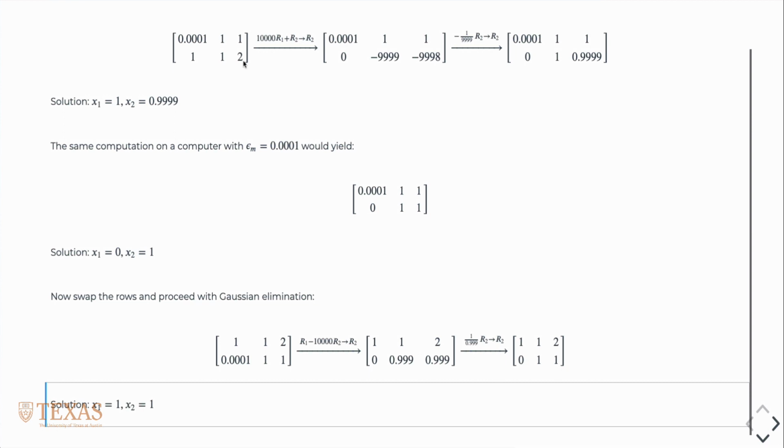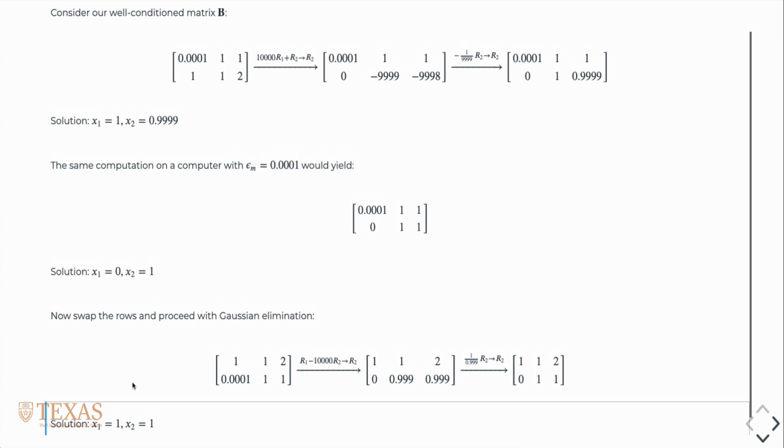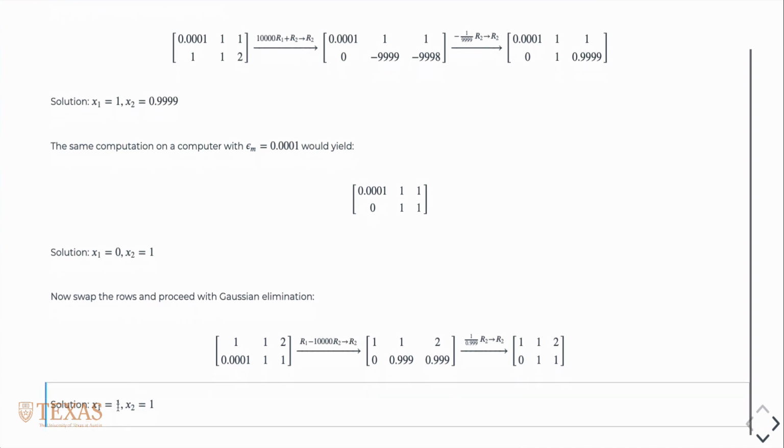If we proceed with Gaussian elimination, putting the final matrix in row echelon form and back substituting, we have that the final answer is 1, 1. And we see that that's only different from the exact answer. Remember, the exact answer was 1, 0.9999. So it's only different by machine epsilon. If we add machine epsilon to the exact answer, we would get the approximate answer on our computer that rounds off to 3 decimal places.